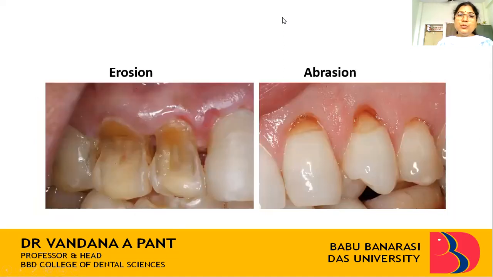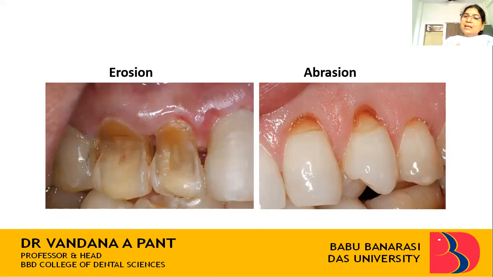And then there are two more terms, erosion and abrasion. Erosion is the chemical method. Chemical means if we are having more acidic food products, then it will result in erosion of the tooth surface due to the acid production. And sometimes patients have regurgitation, reflux, bulimia patients, they result in erosion on the lingual aspect of the tooth.